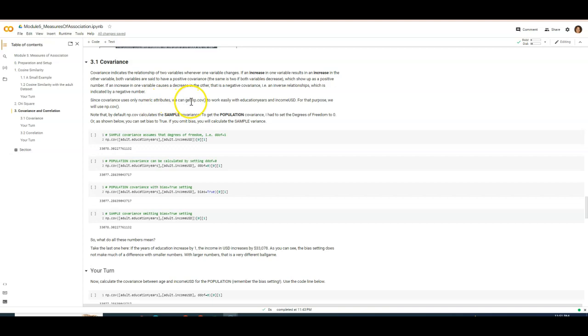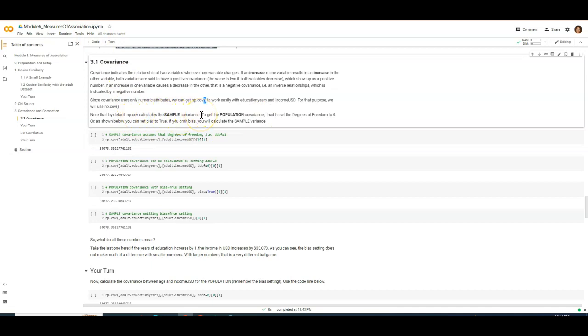And we are going to use np.cov as the function, and we're going to use education years and income USD in order to see if they increase or decrease together or inversely. So by default, np.cov calculates a sample covariance.